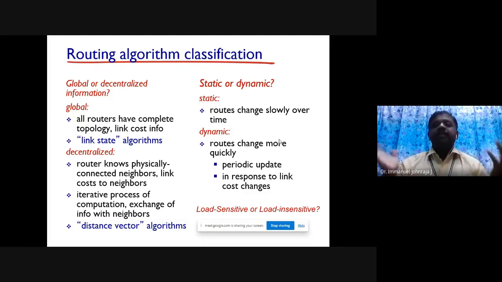The complete connectivity of the network is known by every router, whereas in the distance vector routing protocol, they all know only their neighbors. When routing information is exchanged in the decentralized case, the distance vector routing protocol, the entire routing table is exchanged, whereas in the link state routing protocol, the link cost changes are exchanged.